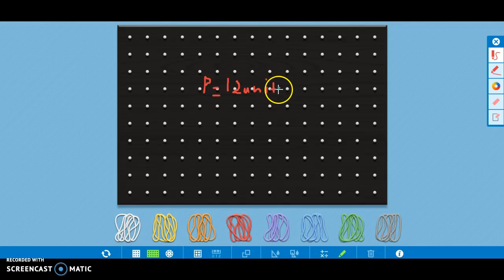Well, if you remember, we were able to find the perimeter by taking the formula 4s. So we're going to set that equal to our 12 units, and we're going to divide by 4 on both sides, and we find that our side length is equal to 3.